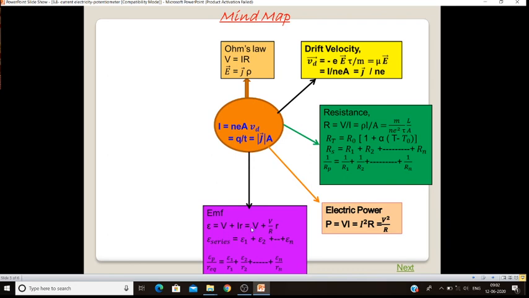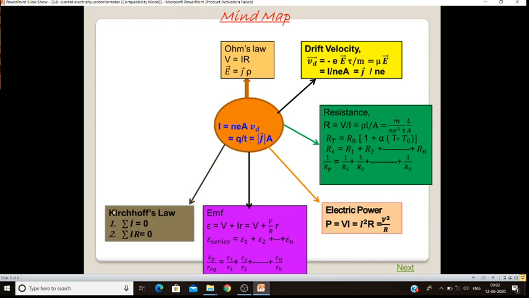So E equal to V plus Ir, and now we know from Ohm's law I equal to V by R. So V plus V by R into r. From here we can find the internal resistance also. Also we studied equivalent EMF in series combination, that is the sum of individuals, and in parallel we obtained this relation.